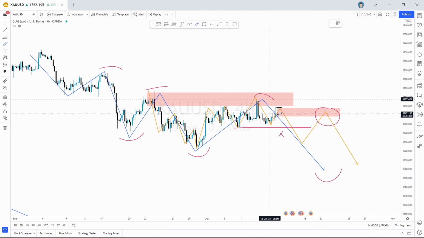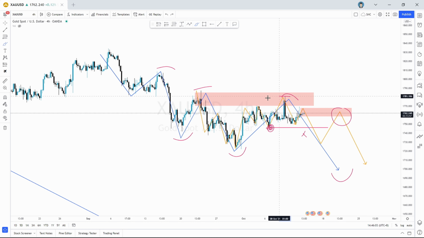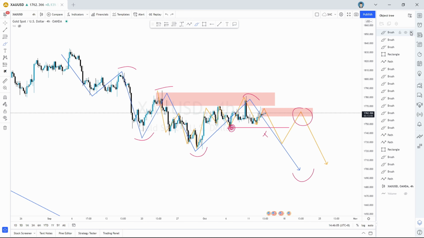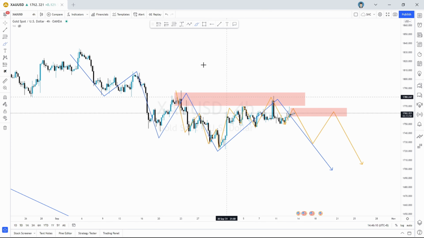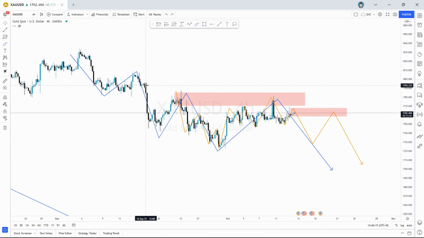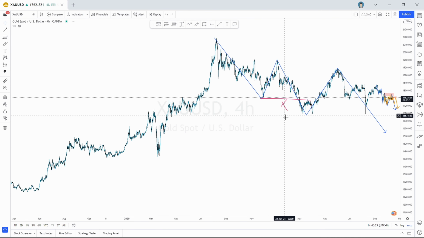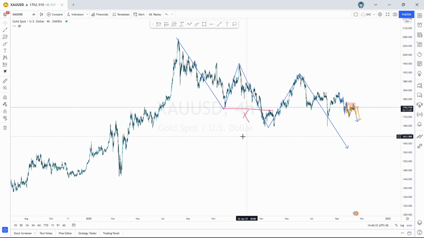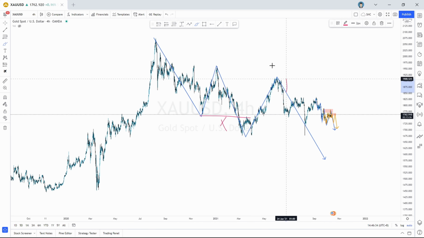Because again, if price breaks this inner structural point, this lower high, this higher low, then the orange line I drew is now shifting, since we're in a bullish trend, to a bearish trend following this overall blue structure line. So again, it's the same thing again and again, from EU to GU to GJ to XAU to gold. Look for structure, look for a POI, then look for confirmation.